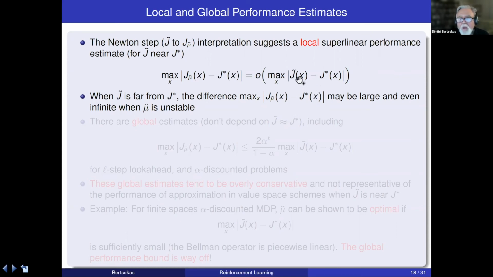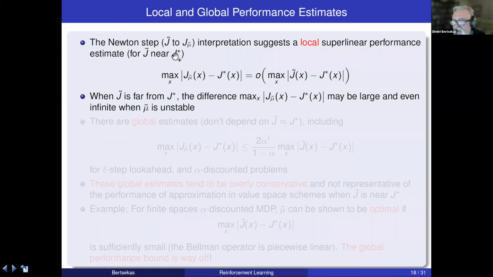On the other hand, when j tilde is far from j star, then this difference can also be large, and it can even be infinite when mu tilde is unstable, okay? So this type of estimate is valid and makes sense only when you're close to j star.